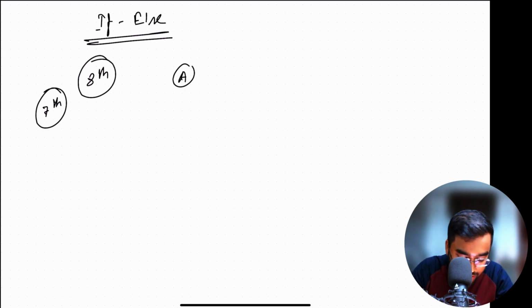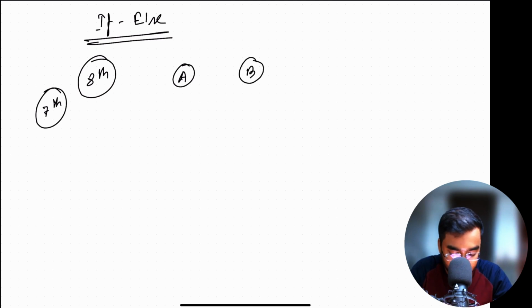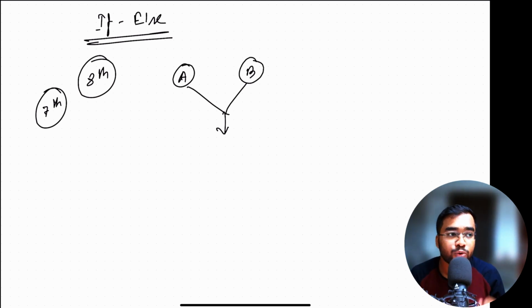You have subject A, you have subject B. So how would you choose? You would be setting some parameters. If this subject is taken by this professor, if this subject is taken by that professor, if this subject is relevant or not to my career, you will be thinking like that. So you'll be setting up some parameters.